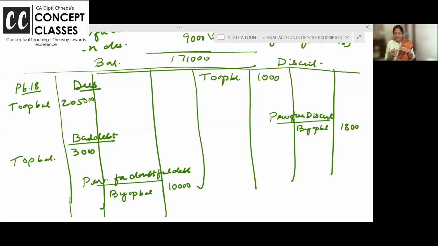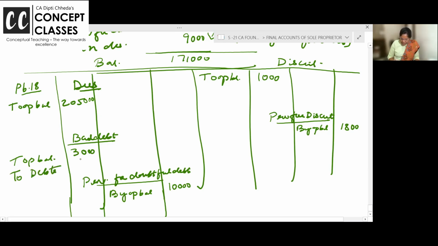But just to explain, I am taking both. Now they said additional bad debt is there, 4,000. Already you have bad debt 3,000. Now additional bad debt.